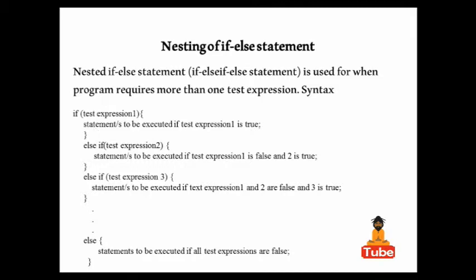If it is true, then the statements given in the if will be executed, otherwise it will proceed to else, and in else we will give another condition and check for that. If it is true, then the second if will be executed, otherwise we will keep proceeding in the same manner up to where we have provided the condition, as you can see here.